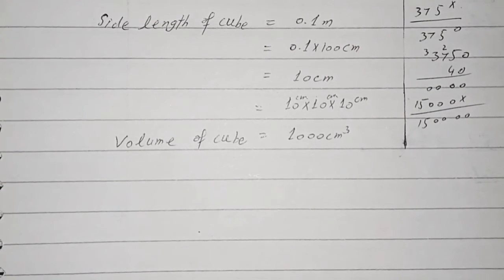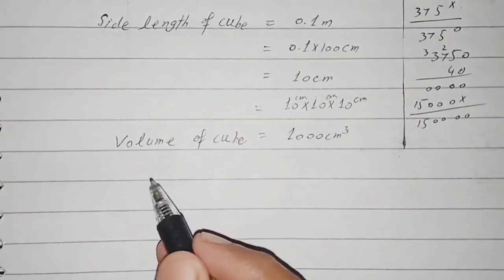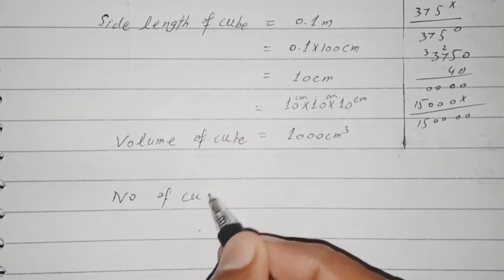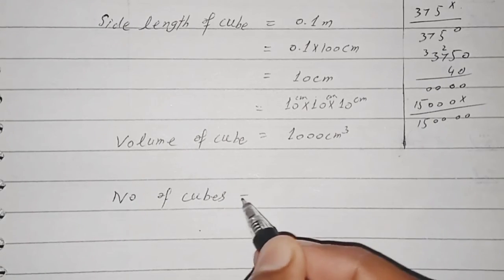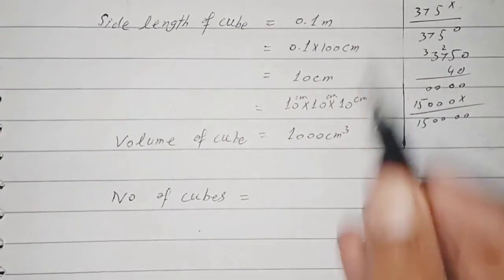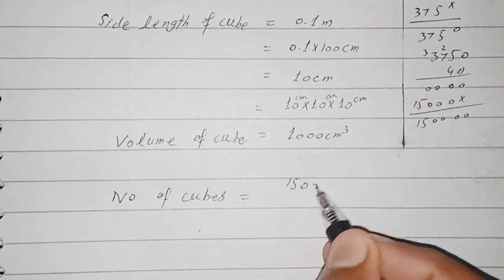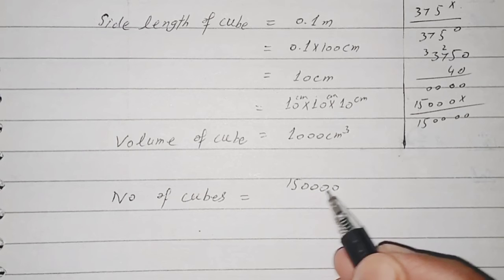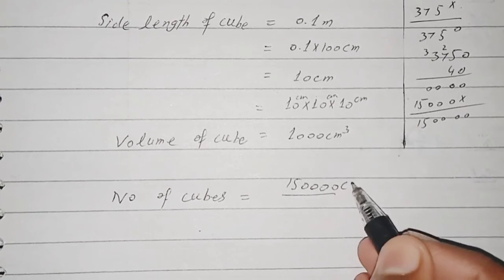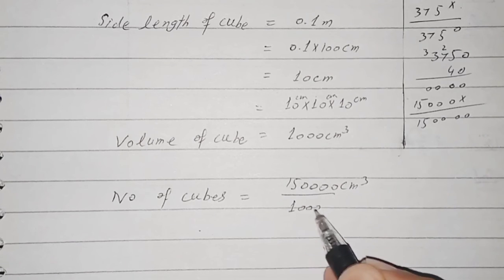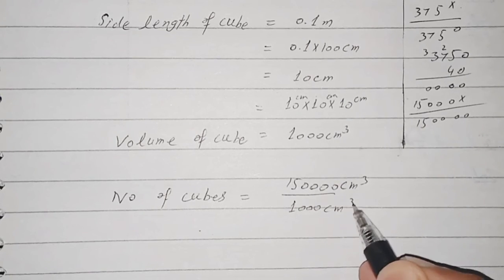So that was the volume of wood, and that is the volume of cube. So we will find the number of cubes, that will be equal to this value divided by this: 150000 centimeter cube over 1000 centimeter cube.